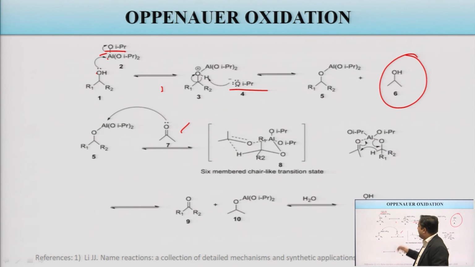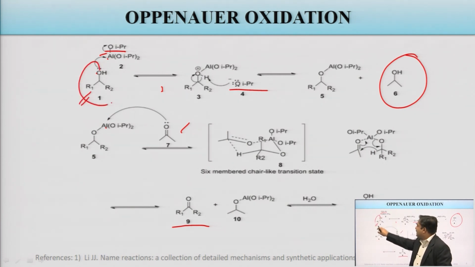This ketone reacts with the complex, forming a bond between the aluminum and the oxygen of the acetone. There is a formation of a 6 membered chair like transition state. After that, intramolecular hydride ion transfer takes place, which results in the formation of the ketone from the secondary alcohol.